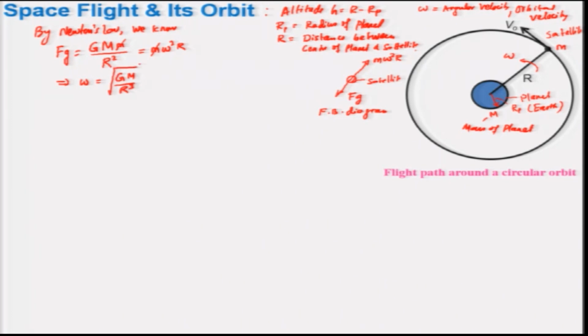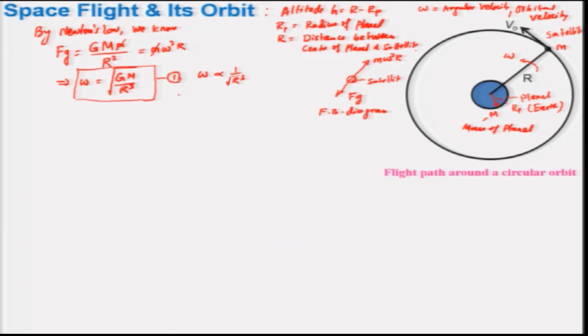This is equation 1. It indicates omega is inversely proportional to the square root of r cube. That means the higher the r, the lower the omega.